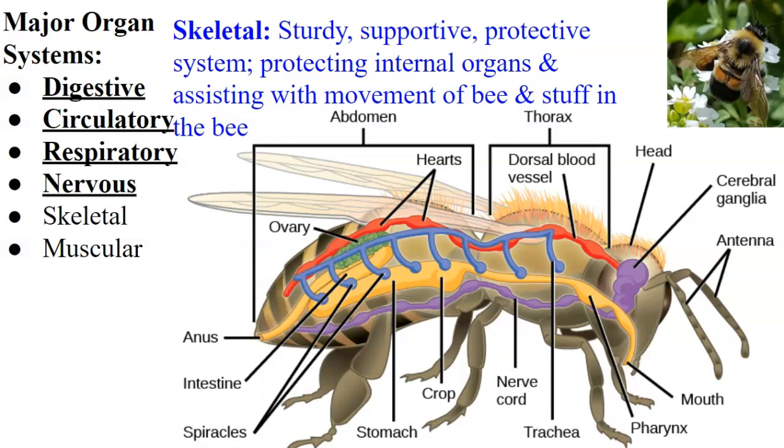It's like yours, sturdy, supportive, protective. It's protecting internal organs and assisting with movement because it too attaches with muscles and helps move other stuff. It assists with movement of the bee, but can also assist with movement of stuff through the bee.